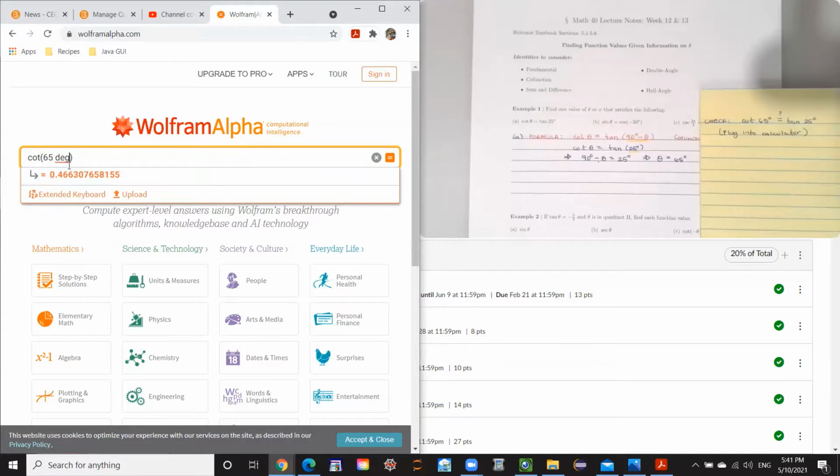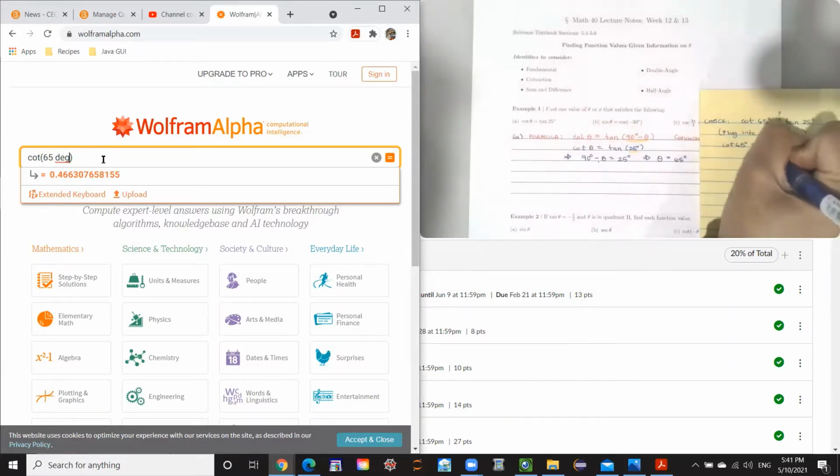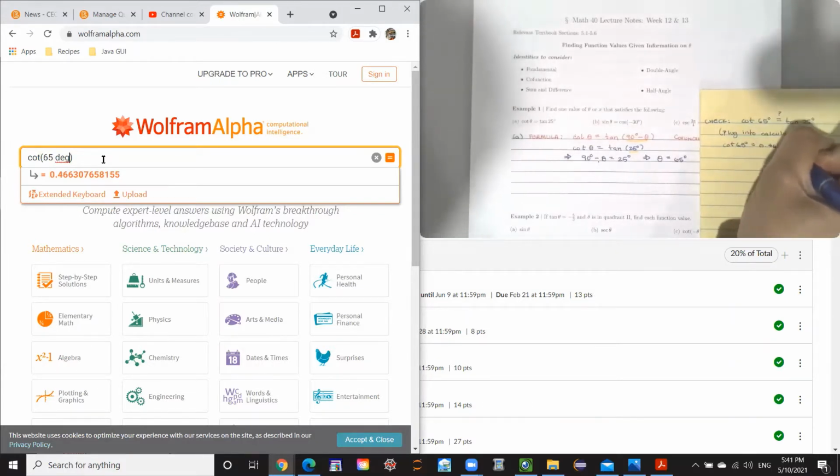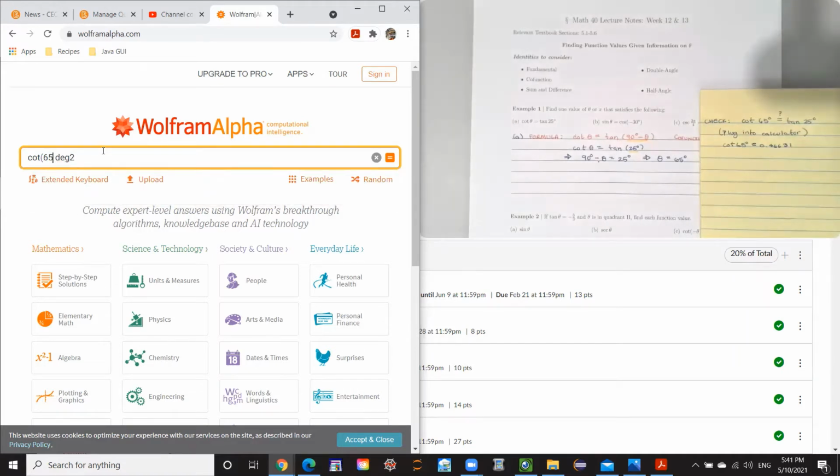And then for tangent of 25 degrees, if you want to write this down, cotangent of 65 degrees is approximately 0.466. If I change this now to tangent of 25 degrees, let's see what we get.